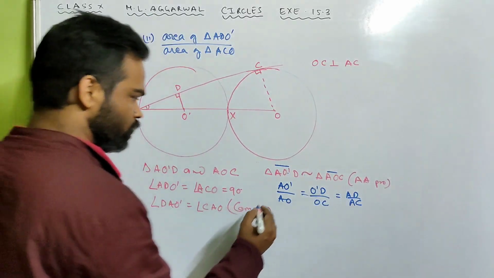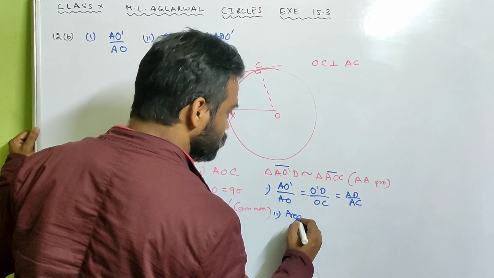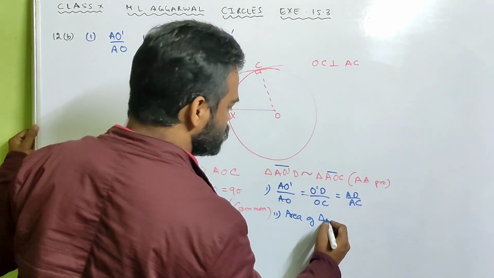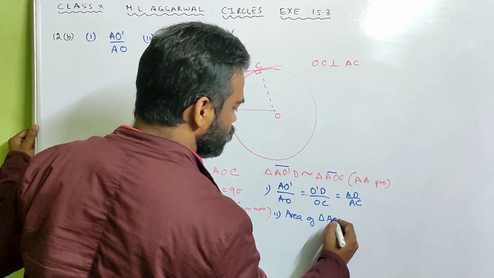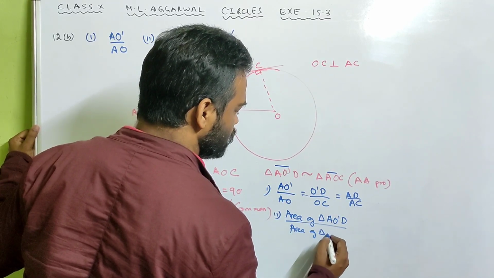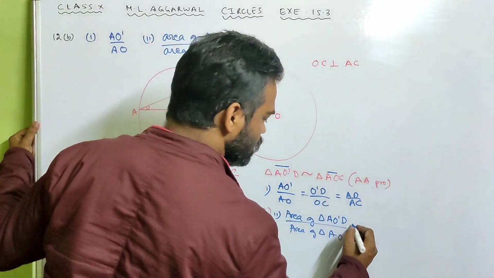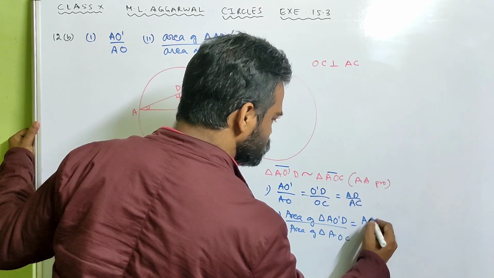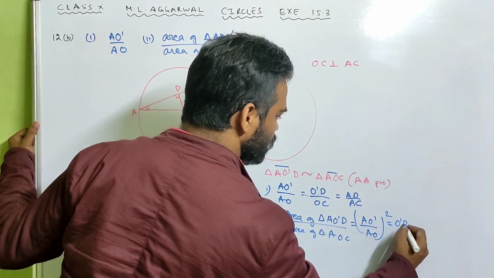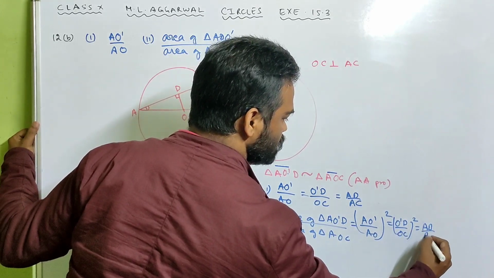And one more relation was there. I'm just writing the relation. Area of triangle AO dash D by area of triangle AOC, okay, will be equal to the square of these. We have done it earlier while doing the chapter similarity. Yes or no?